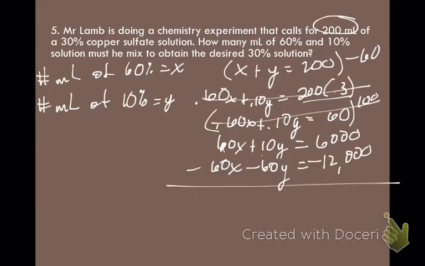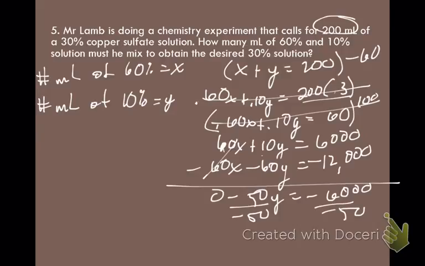Alright? So now that's going to add to 0. This is going to be -50y. And this is going to be -6,000. Now I have to divide by -50 because it's -50 there, then your y ends up being 120. Now that makes more sense.